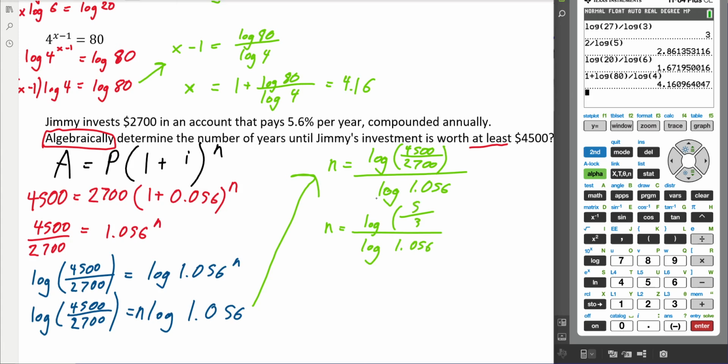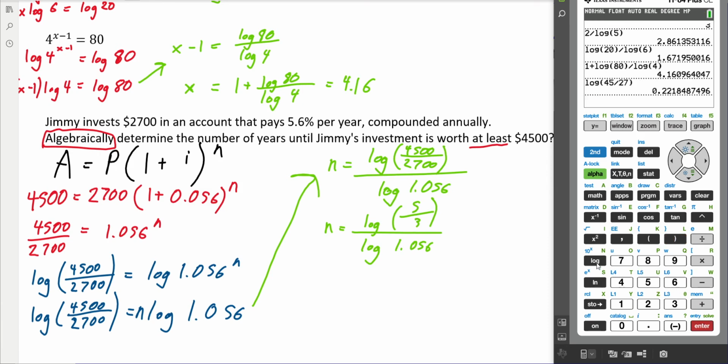This one has 5. Right? 5 over 3. Is that the same answer? So log 45 divided by 27 should be the same answer as log 5 divided by 3. Yeah, it is. Okay, anyways. So I simplified it correctly.